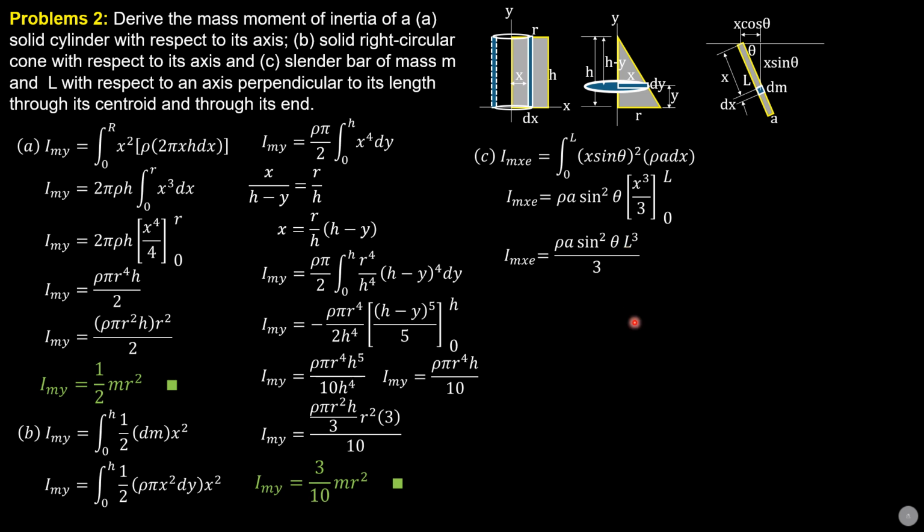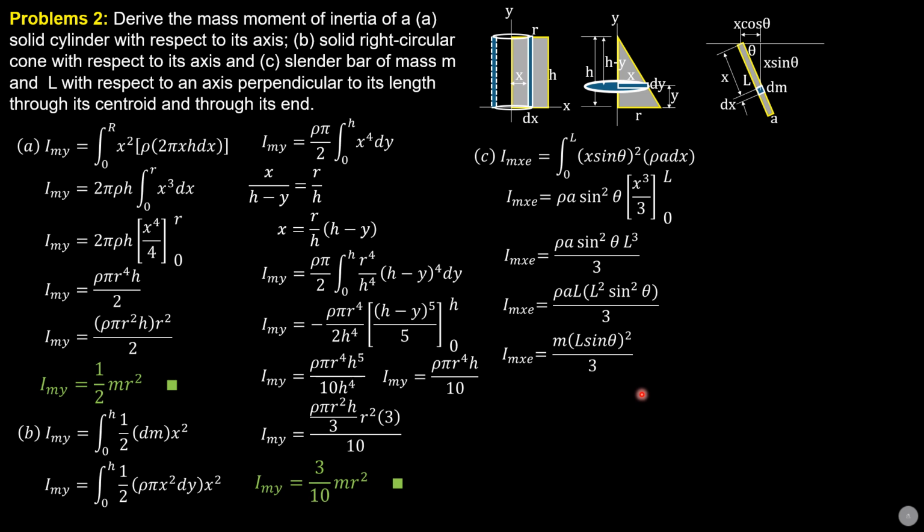So that would be density A L, quantity L squared sine squared theta divided by 3, and we can write this as (L sine theta) squared. Take note that density times cross-sectional area times length is the volume of the bar, times density, that's the mass of the bar. So it is 1/3 mass times (L sine theta) squared.